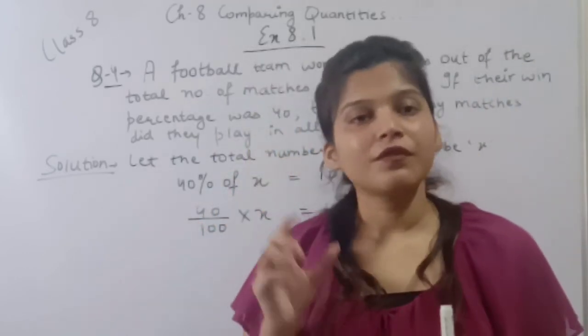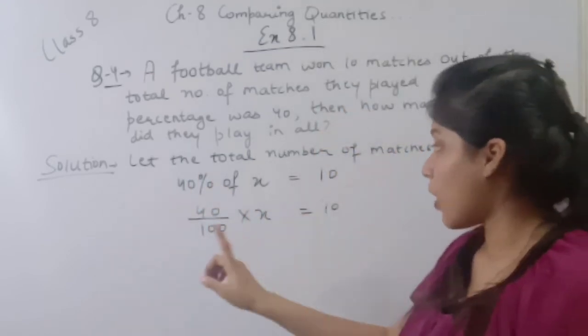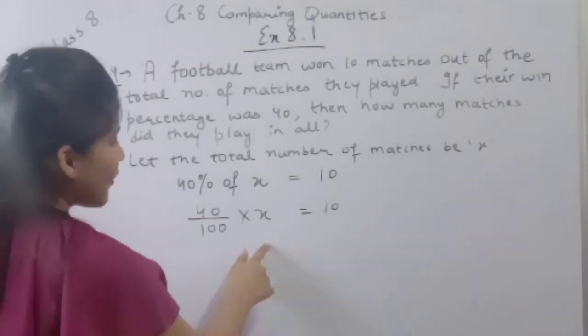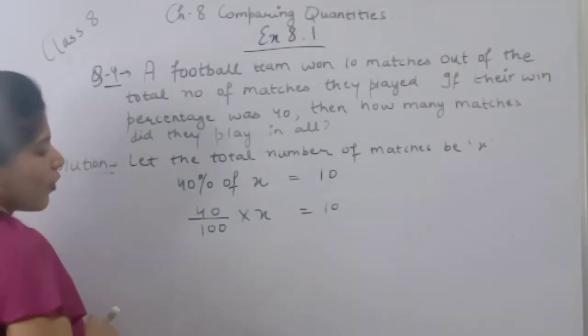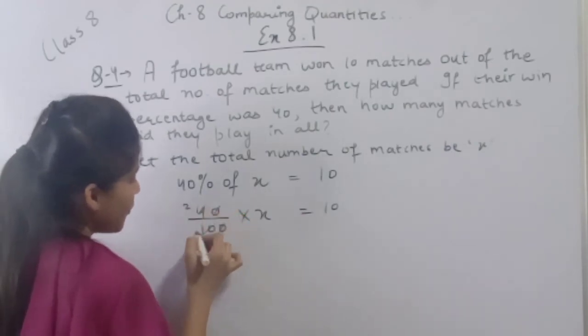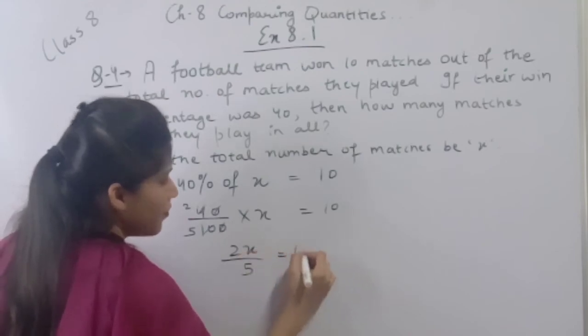So 40% of total matches they played equals 10. Now 40% of x equals 10. Now we will calculate the value of x. Now for that, 0 cancels 0, 2 2s are 4, 2 5s are 10. So 2x upon 5 equals 10.